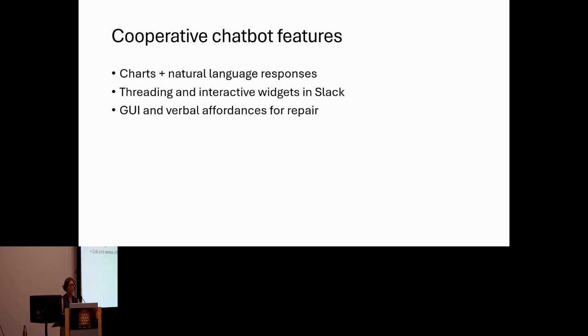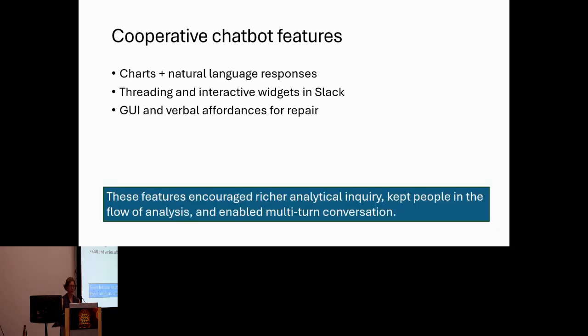People really enjoyed the threading and the interactive widgets in Slack to be able to explore further from where they are, and they enjoyed ways of being able to repair the response that they were getting from the chatbot with follow-on queries and with GUI widgets. So these features encouraged richer analytical inquiry, they kept people in the flow of the analysis, and they enabled a sort of back and forth multi-turn conversation.